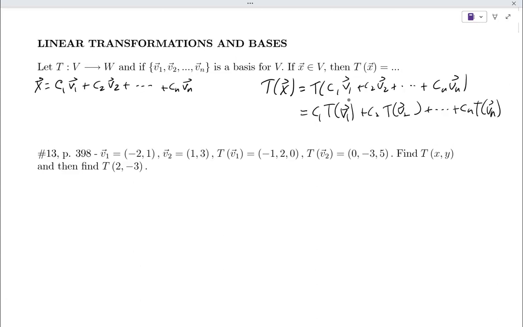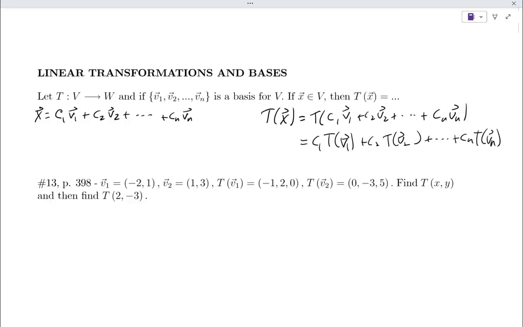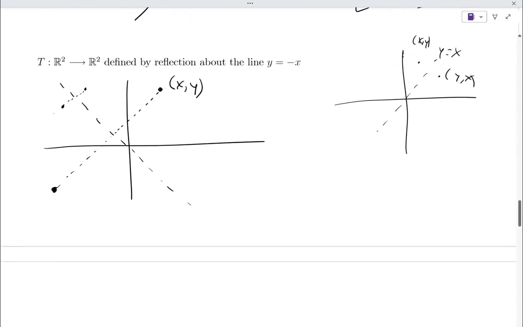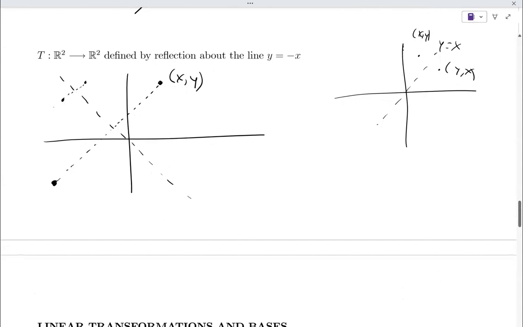I know what the transformation does. That's what that says, right? Because I can figure out what the output is for any vector in terms of the outputs of the basis vectors. So that might be something to help out with figuring out that one I said to think about for next time. If you can figure out what are the basis vectors for R2 that you would probably use here.